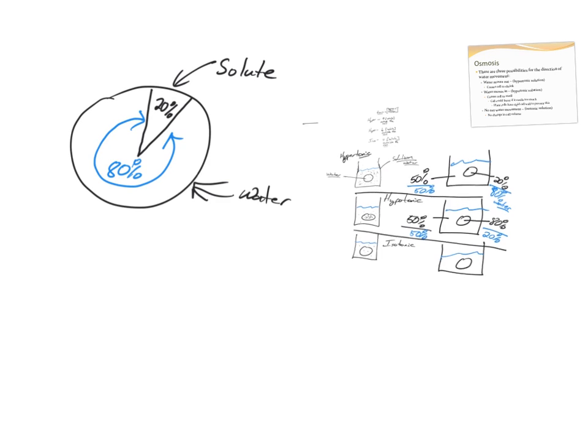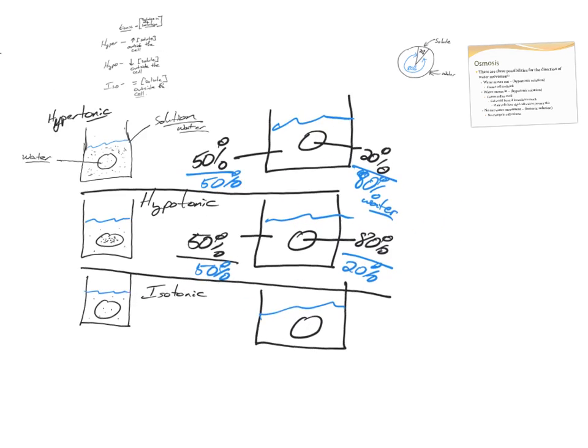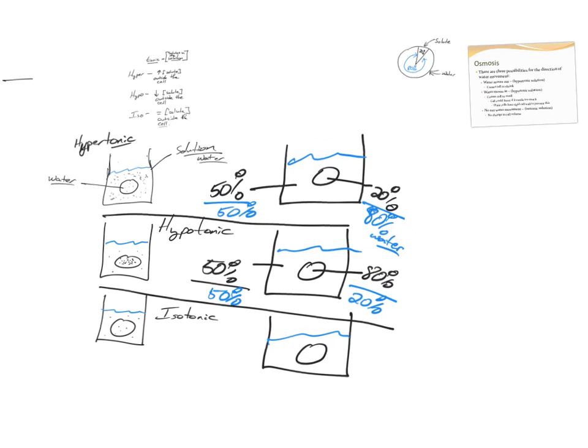Well, it depends where, whether it's inside or outside. When we're talking about hypertonic, hypotonic, or isotonic, what we're talking about is the outside of the cell as compared to inside. So in this case, 80% water inside, then outside is only 50% water.